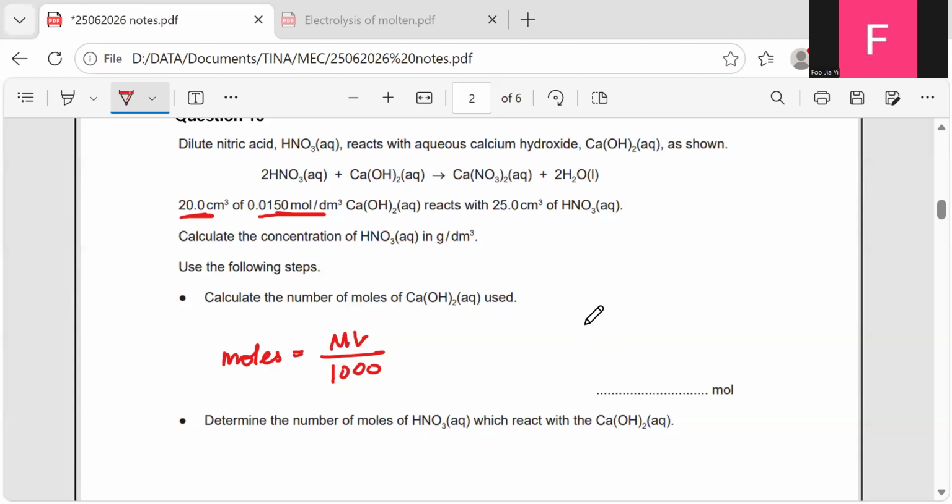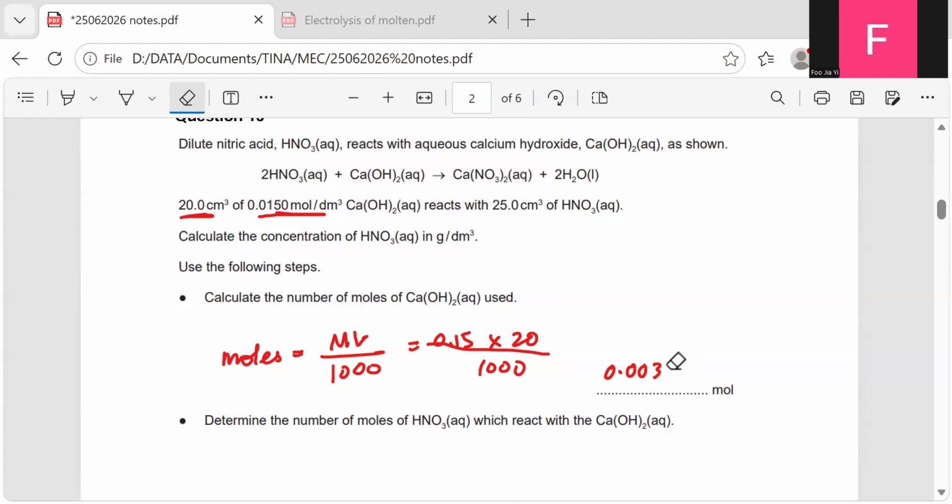So you take M of calcium hydroxide here, 0.15, multiplied V, 20 over 1000. So you get 0.003.